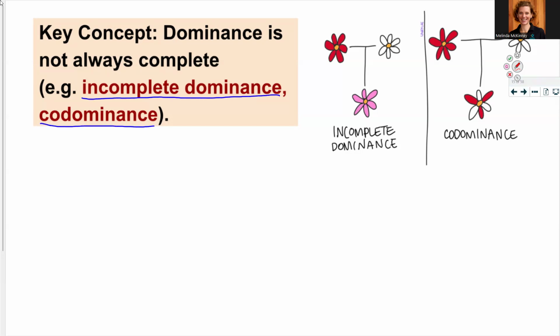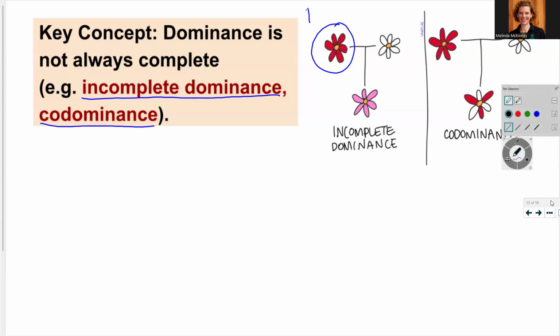The examples shown over here on the right are with two parents. We've got one parent that has red flower color. So we're going to be talking about capital R. Let me just use black, it's going to be easier.